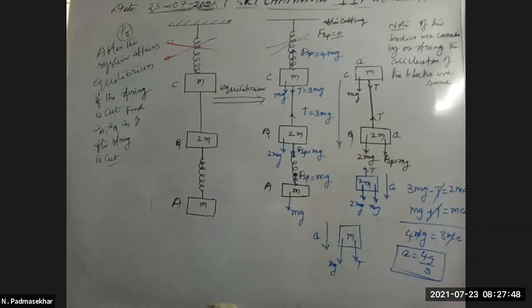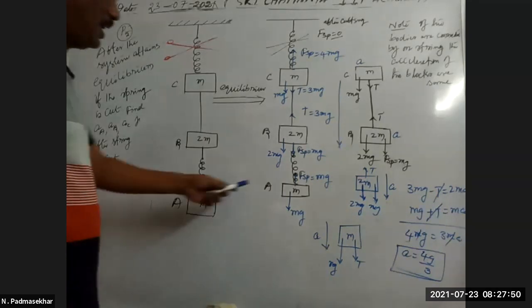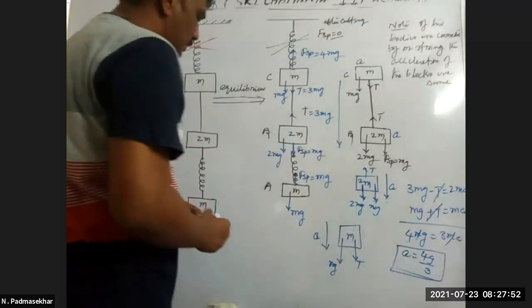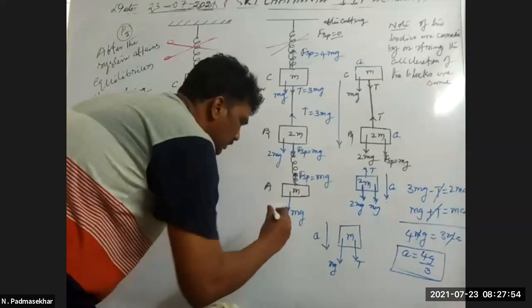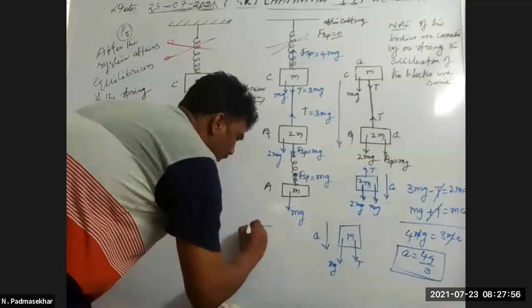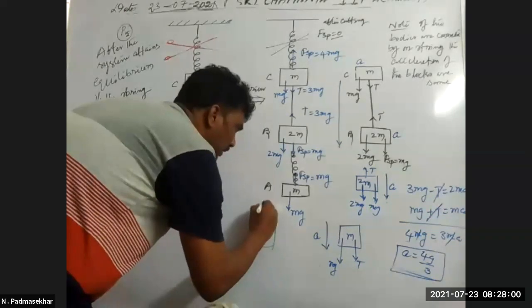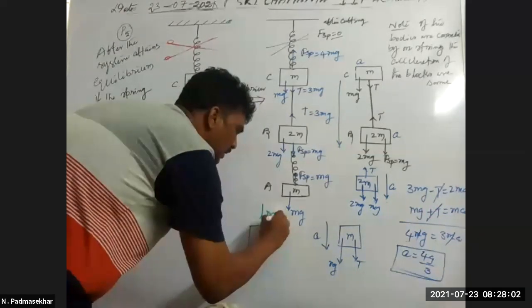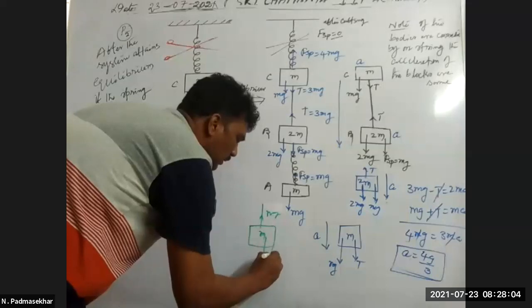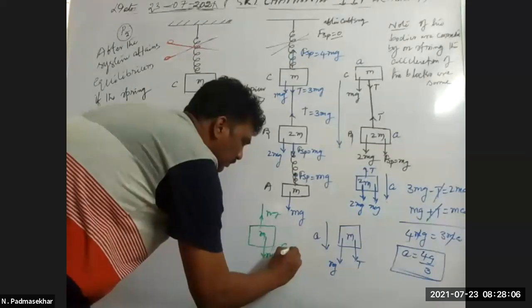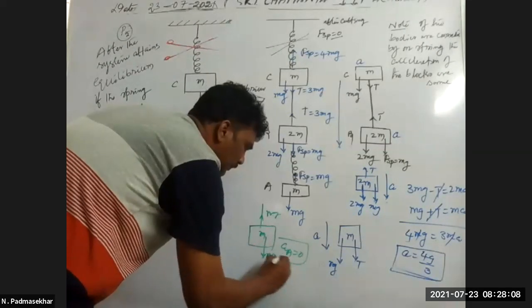So what is the acceleration of this block A? See, this is m, and here the force is mg, and this force also mg. So the acceleration of block A is equal to 0.